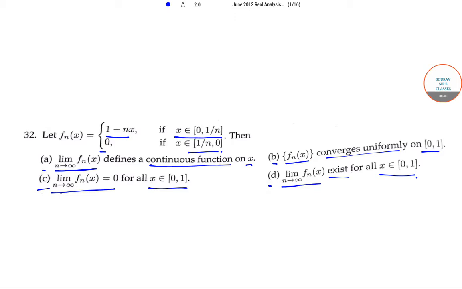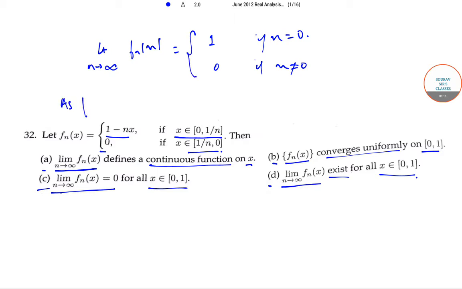So now we have limit n tending to infinity f_n(x) is equal to 1 if x is equal to 0, and 0 if x not equals 0.